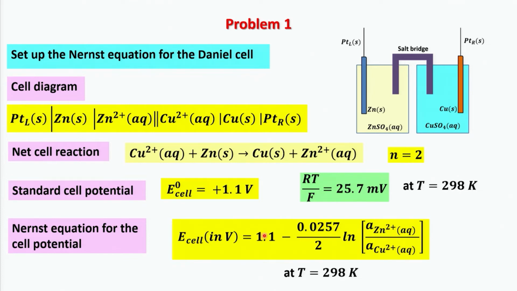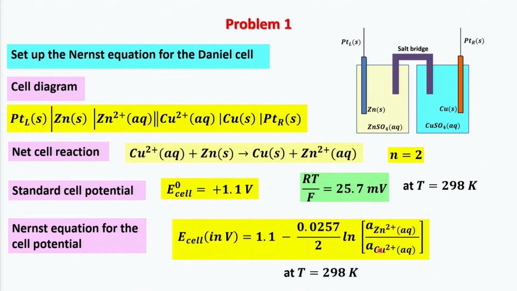On the right hand side, there is a contribution coming from E naught cell, then the term which corresponds to RT by 2F, and then the logarithm of the activity of zinc 2 plus aqueous divided by the activity of copper 2 plus aqueous.